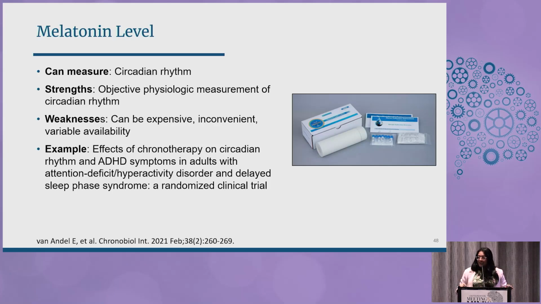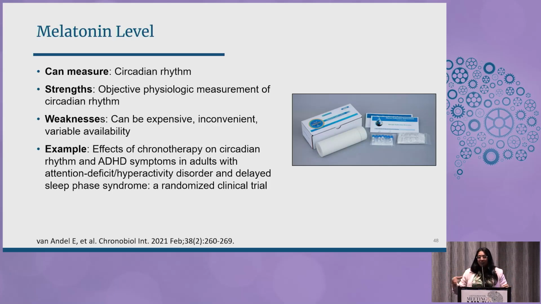Melatonin level. I've heard a lot of people talk about melatonin during this meeting as a medication to help a child fall asleep, but it's also something that can be measured to assess circadian rhythm. And the nice thing about measuring melatonin, usually by saliva, you can see in the picture there are a bunch of little tubes, is that it's very cumbersome.